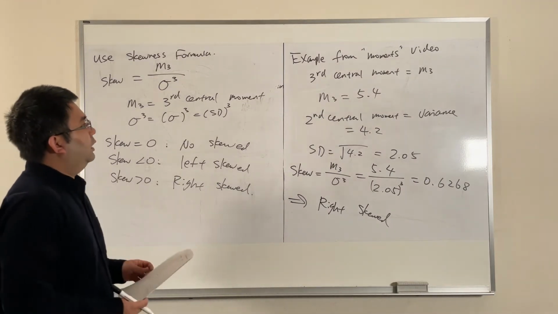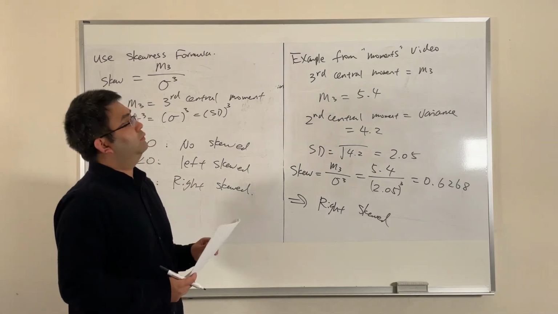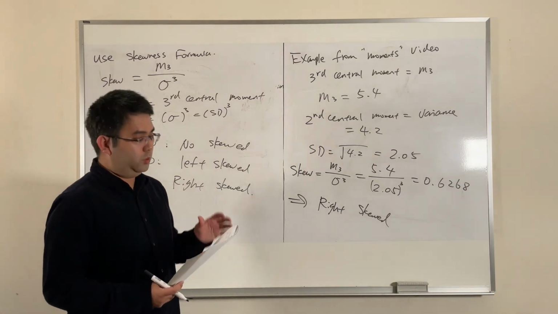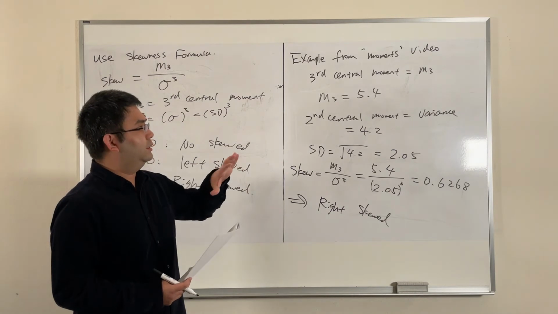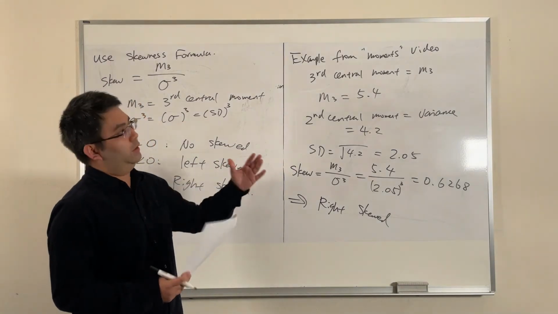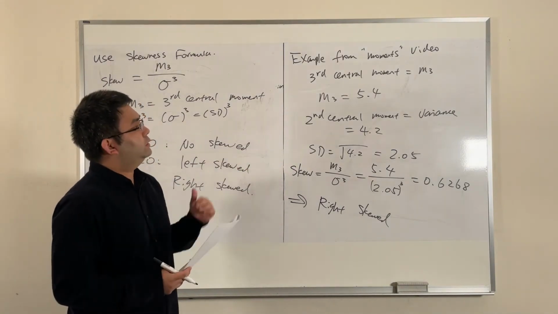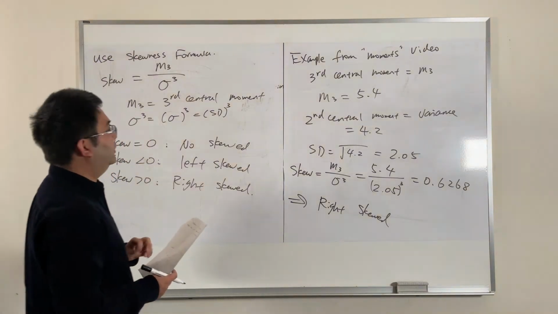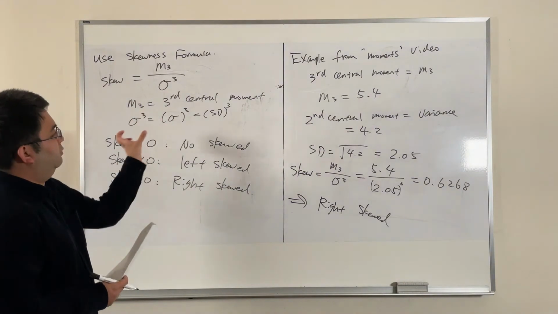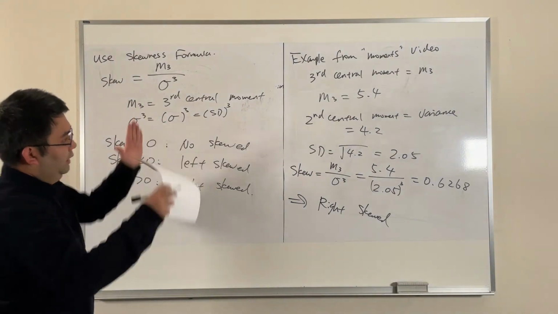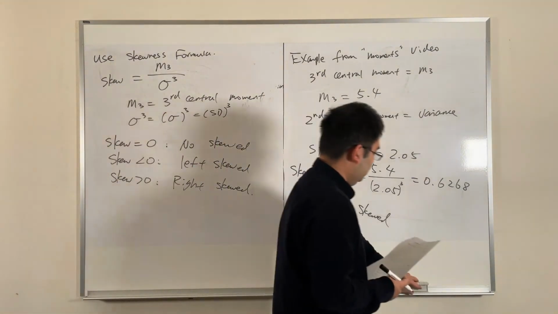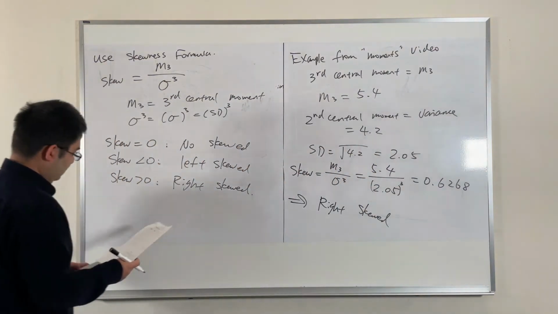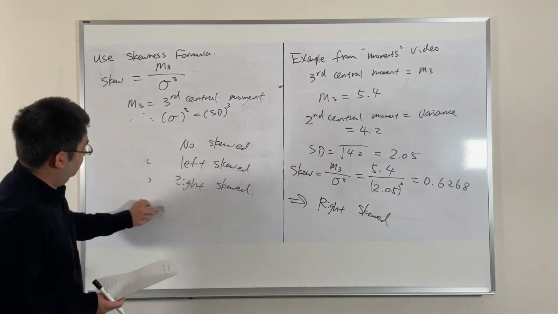So the next concept I want to talk about in this video is kurtosis. Kurtosis looks at the peakness of your distribution, how peaked it is, and it's kind of one step above skewness. Skewness looks at symmetry, and kurtosis looks at the peak.